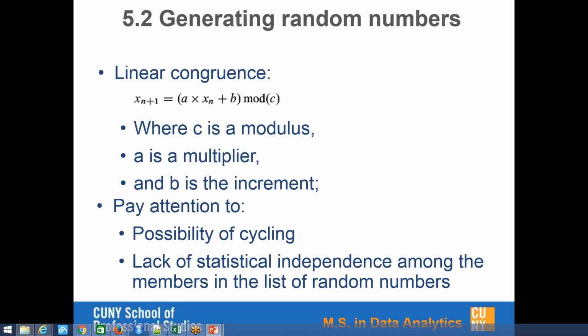One thing is cycle length, right? You can generate a random number if you are really trying to simulate a complex system. If your random number cycle is not long enough, that could potentially cause some sort of issues.